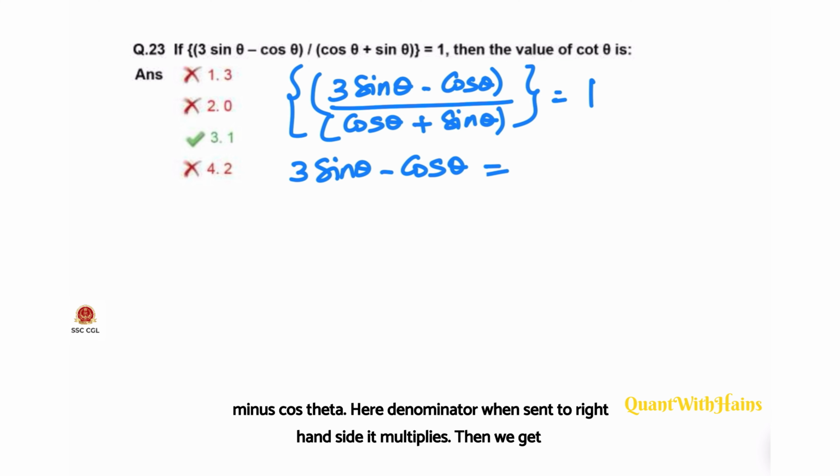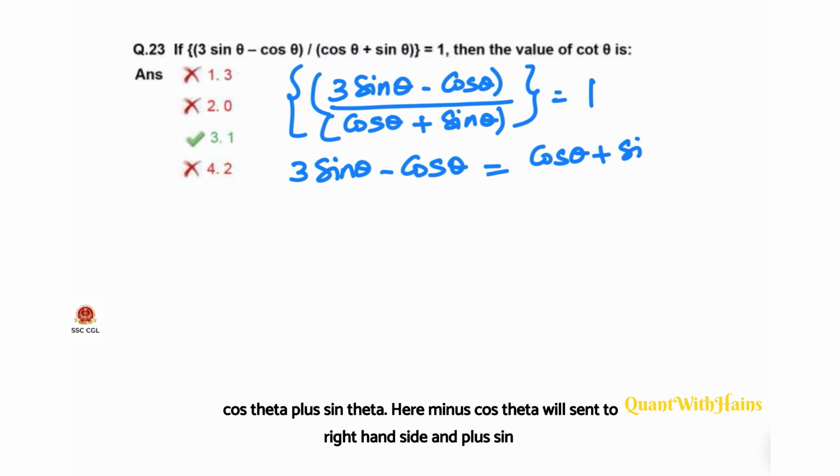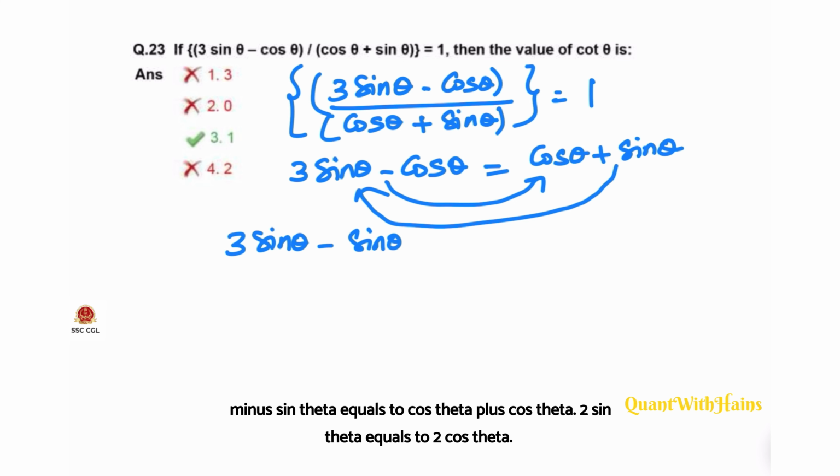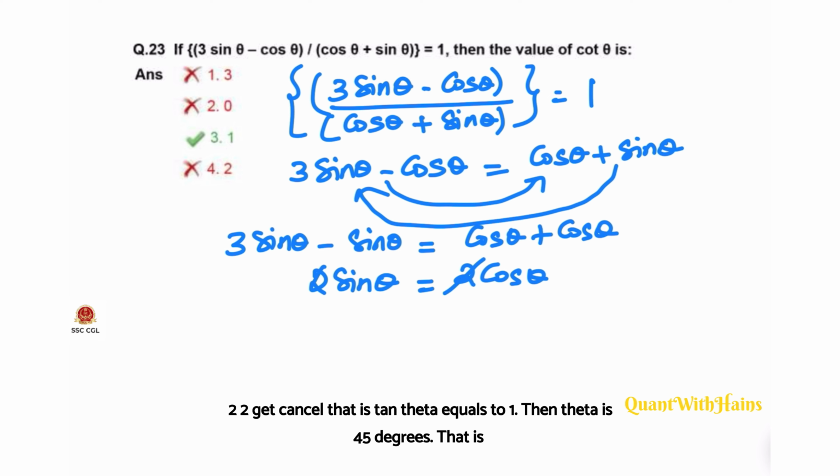Here denominator when sent to right hand side it multiplies, then we get cos theta plus sin theta. Here minus cos theta will send to right hand side and plus sin theta will send here. Plus becomes minus and minus becomes plus. 3 sin theta minus sin theta equals cos theta plus cos theta. 2 sin theta equals 2 cos theta. 2 get cancelled. That is tan theta equals 1.